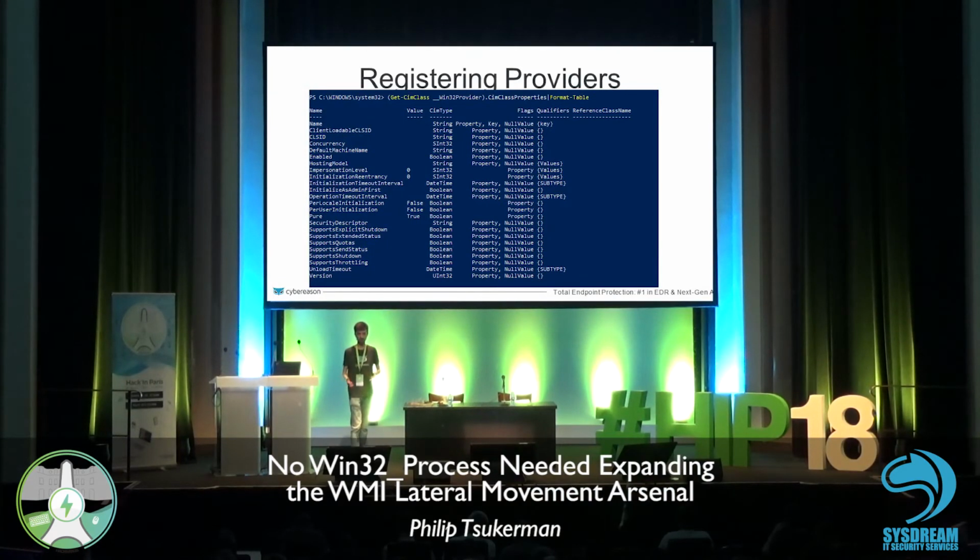So if you've ever seen those pesky WmiPrvSE processes running on your machine, these are actually WMI provider hosts. And the reason there's multiple hosts is that they're running as different users. Some of them need to be running as system, while others are better off running just as local service host or network service host, because they don't really need those privileges.